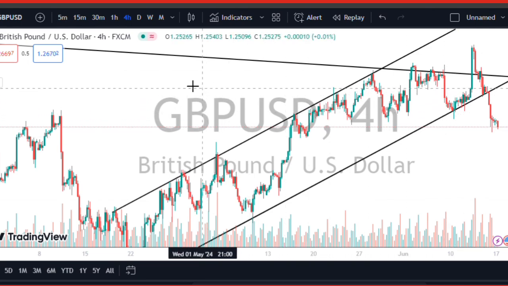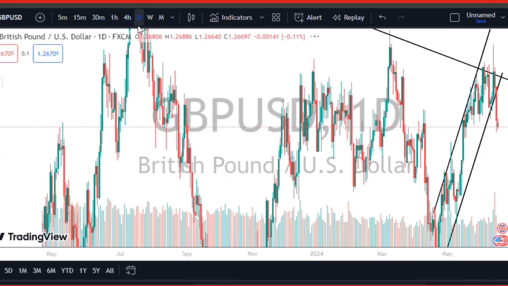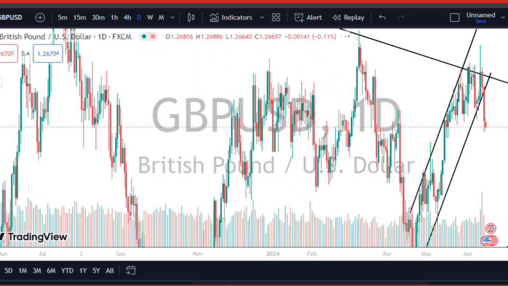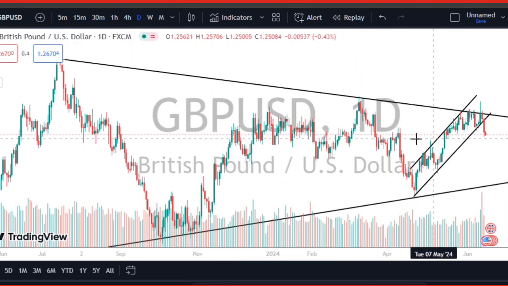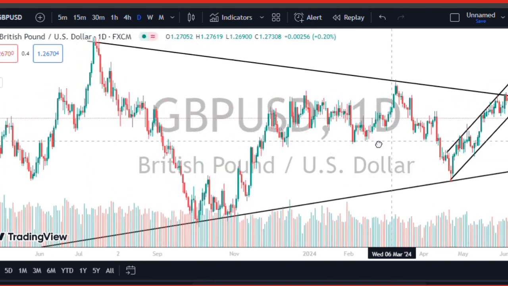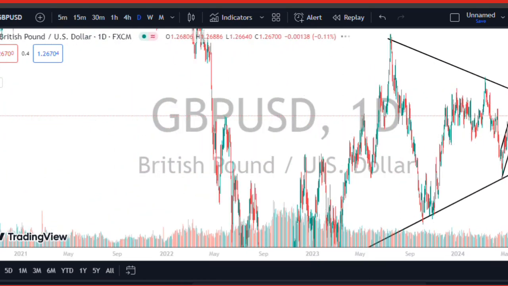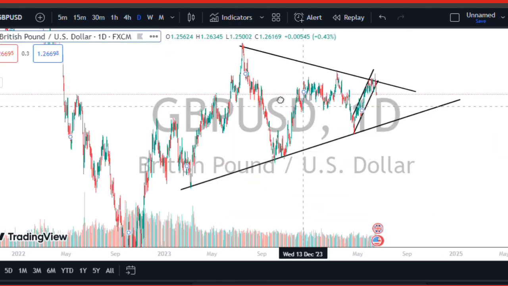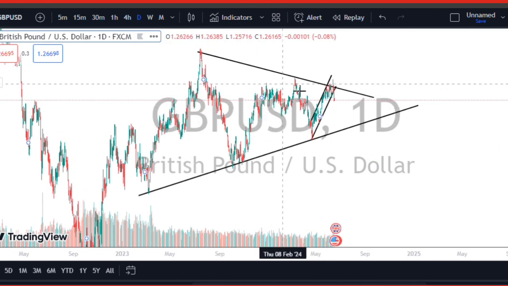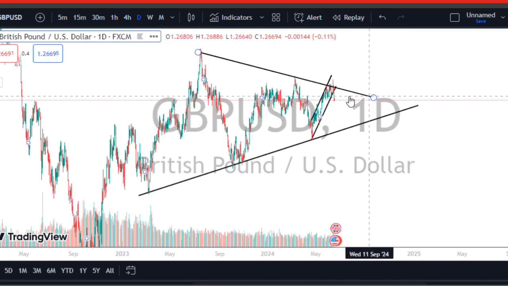This is GBPUSD on a 4-hour time frame. So let me go to a daily time frame. This is the daily time frame on GBPUSD. On the daily, there's this rectangular path that I had drawn that the market is following.